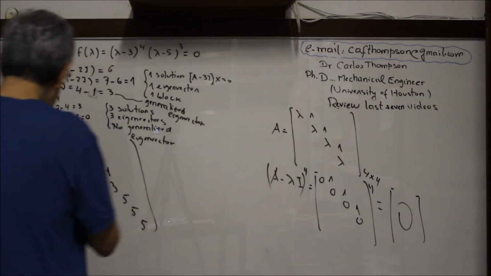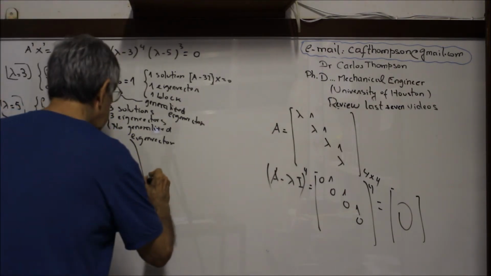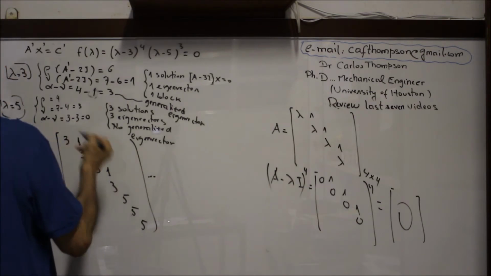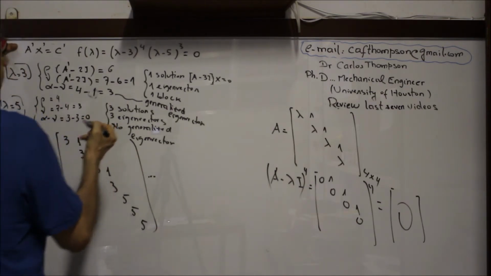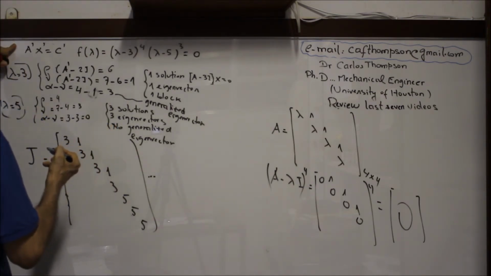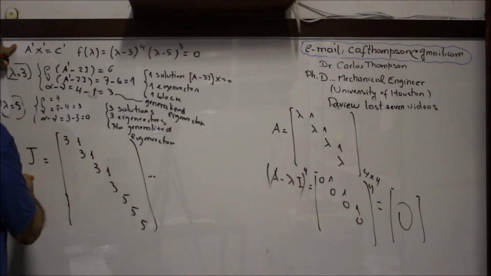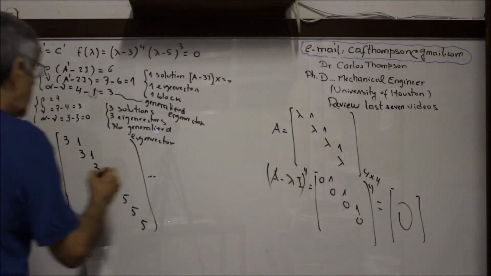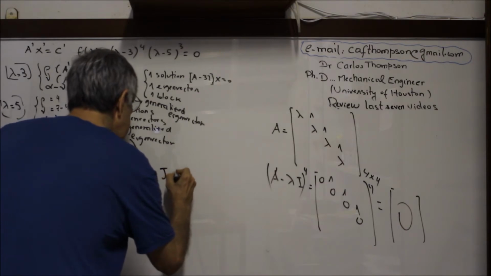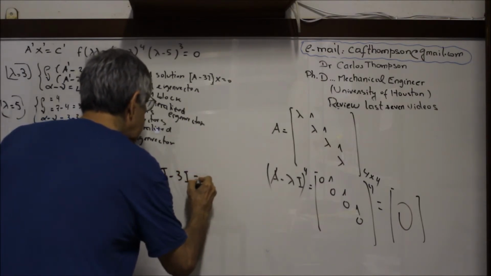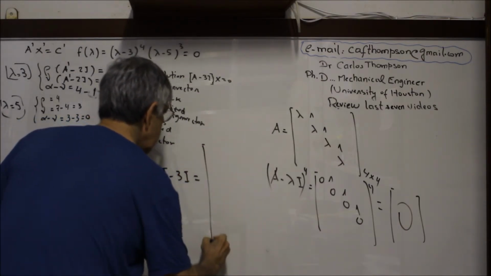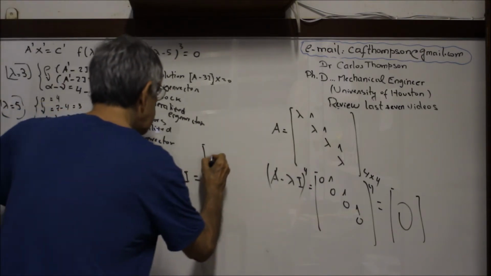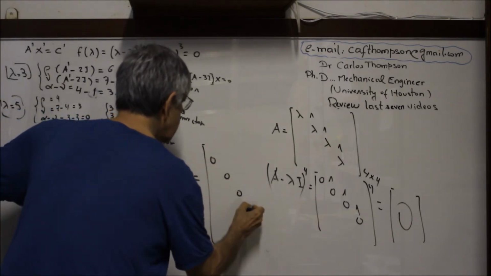Now, let's put here A minus 3I, A prime minus 3I. Since A prime and J, they are similar, we can put here J minus 3I. Okay, let's see here. Okay, this will be 0, 0, 0, 0.